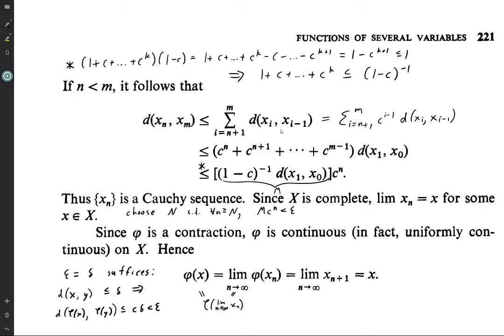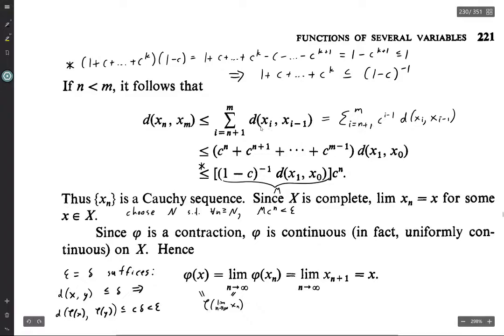You apply it how many times? Like m minus n minus 1 times or something like that. But yeah, so this first inequality is just the triangle inequality being done over and over again. Because the distance between x_n and x_m is less than or equal to the distance between, yeah, you can work that out for yourself.